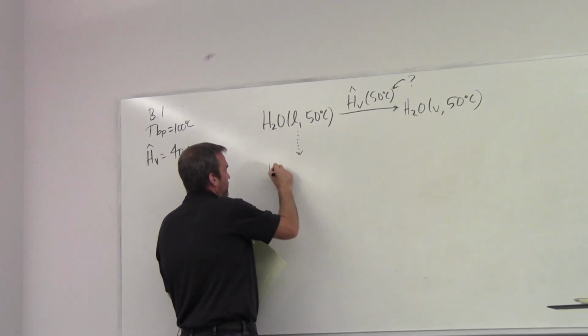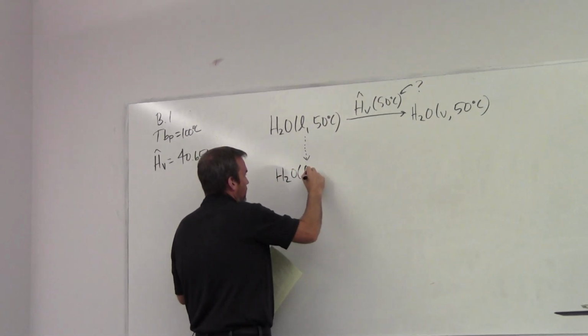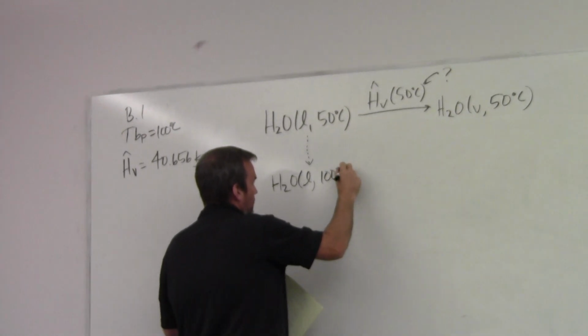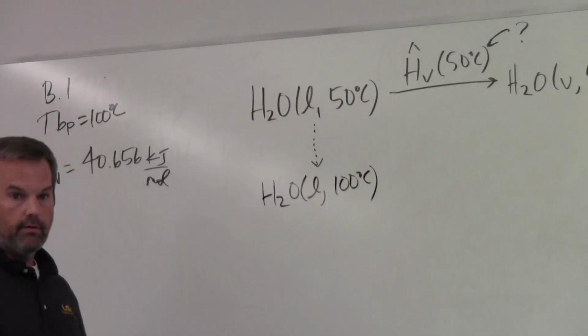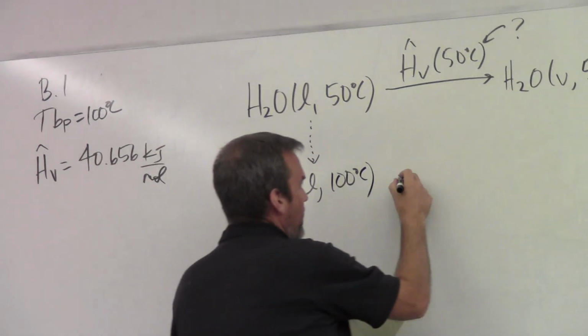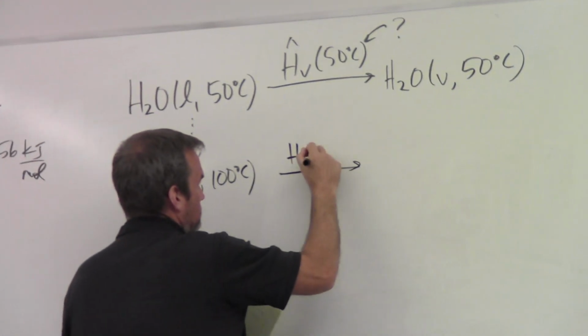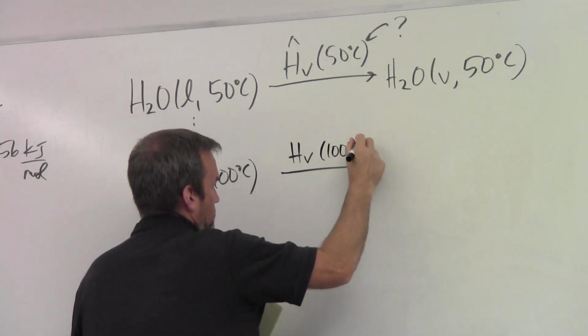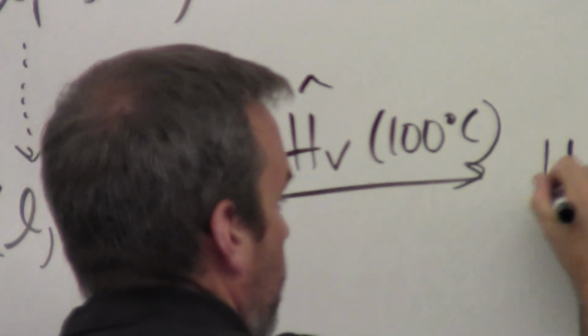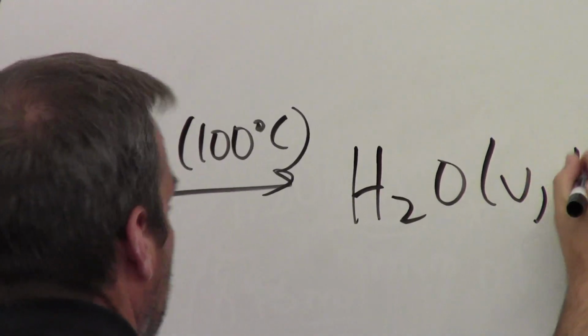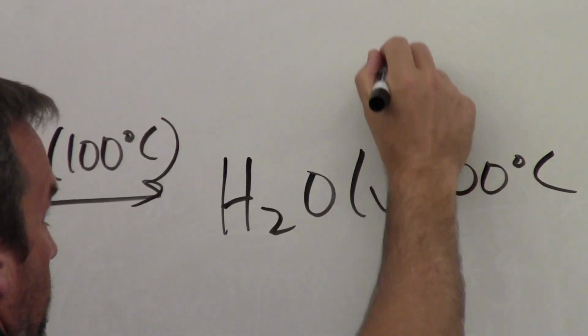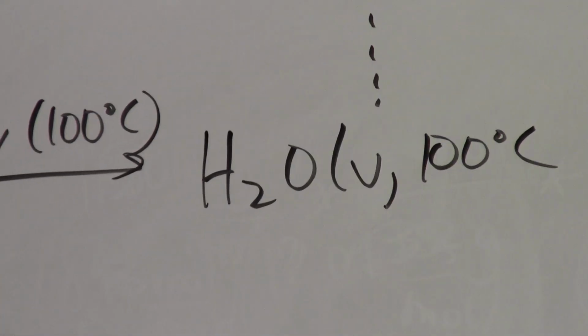We're going to pretend like we take water to a liquid at 100 degrees Celsius. Then we're going to vaporize it so that we'll have vapor at 100 degrees Celsius. And then we're going to heat it back up.